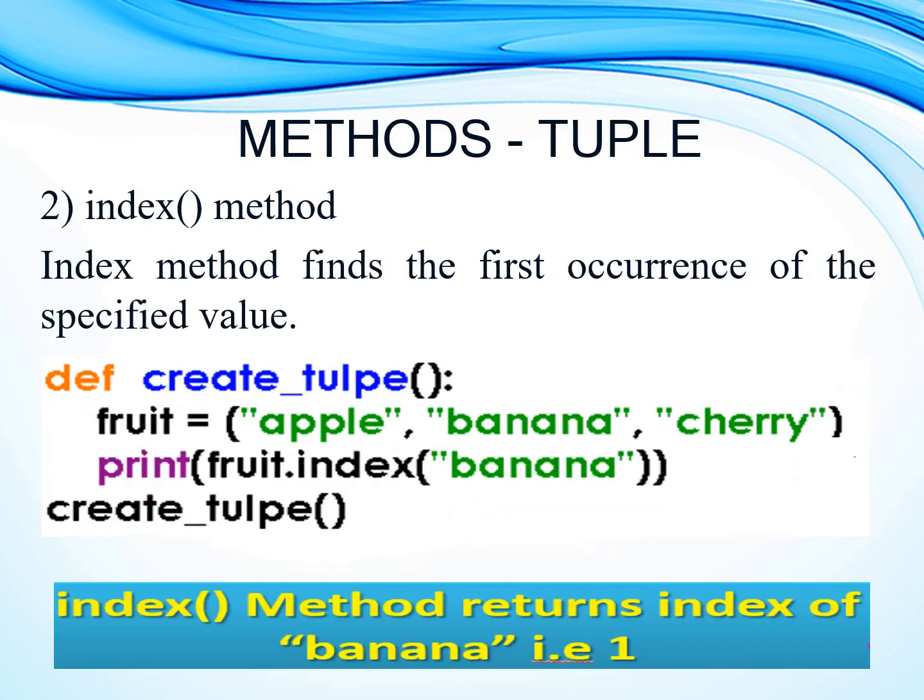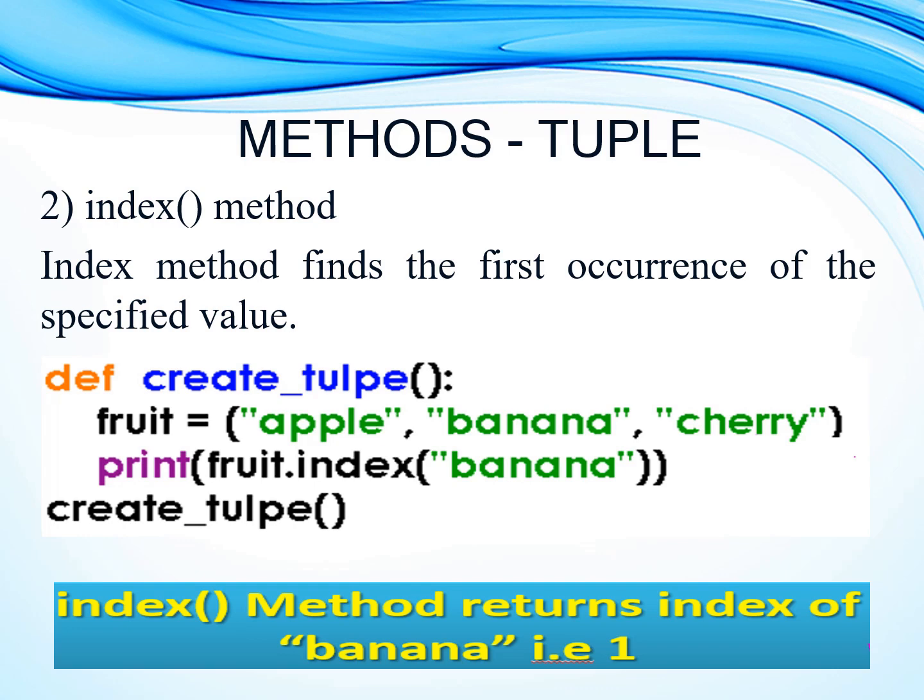The second method is the index method, and this particular method returns the index of a specified value or item present inside the tuple. When we check this line of code, fruit dot index of banana, we are going to print the index of the item banana from the tuple fruit.